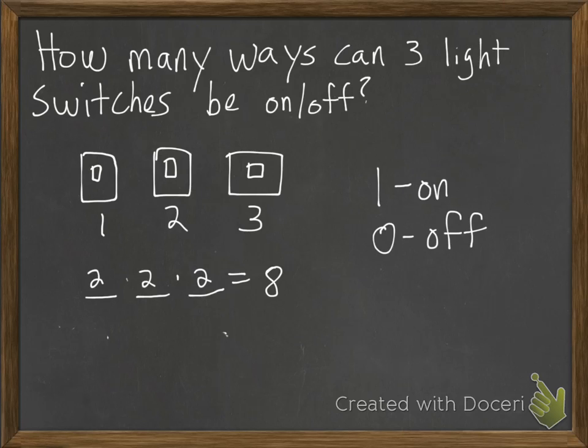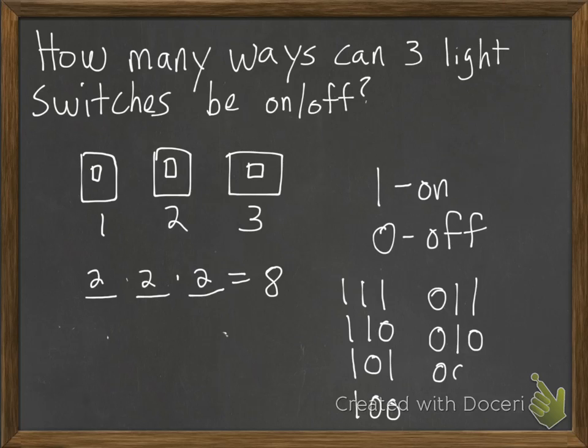Then we could list out the possibilities. Using 1s and 0s, I don't have to write the words on and off every time. You can see that there are 8 total possibilities.